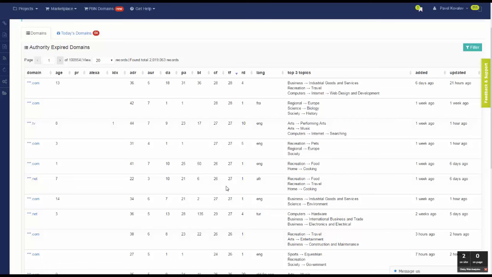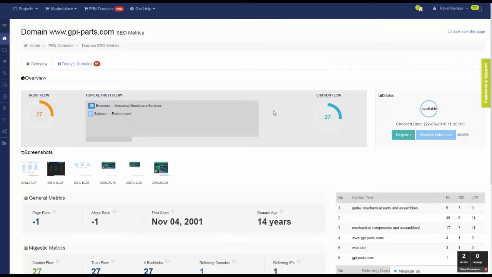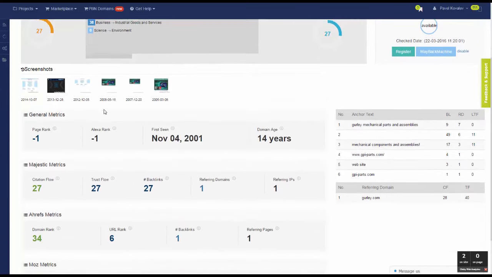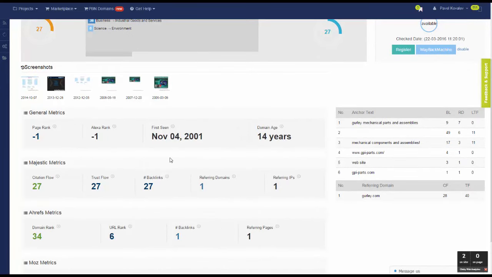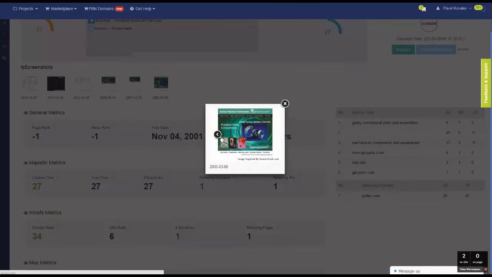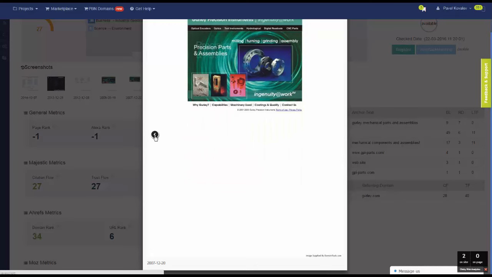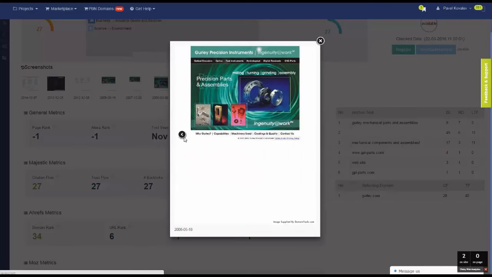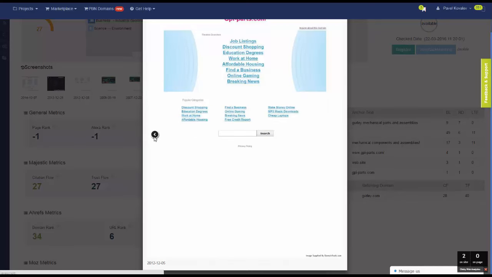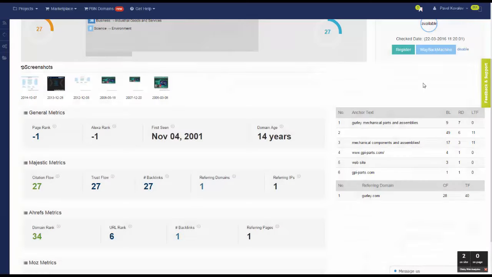Once you scroll through the list and you see a domain that you might be potentially interested in, you can look up details. You can see more information here, all the metrics, and the historical screenshots. That might give you some green or red signs whether you will be interested in buying this domain.